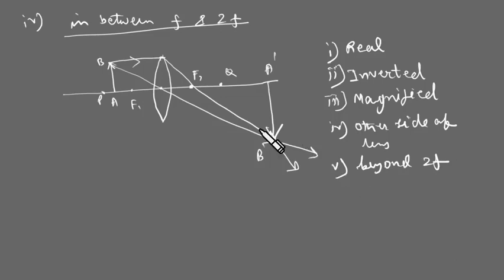The image is formed beyond 2f. Here was the 2f and it is formed somewhere here. So these are the 5 properties when the object is kept between f and 2f. The image is real, inverted, magnified, on the opposite side of the lens, and beyond 2f.